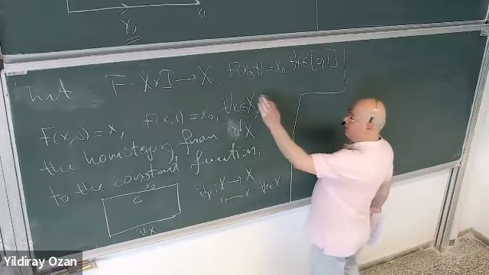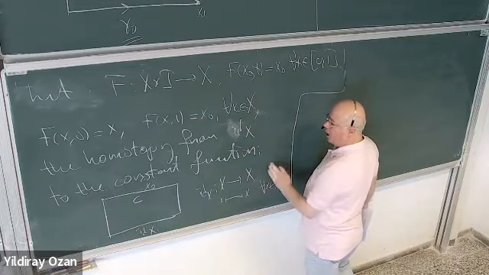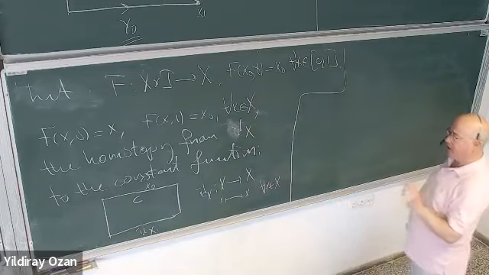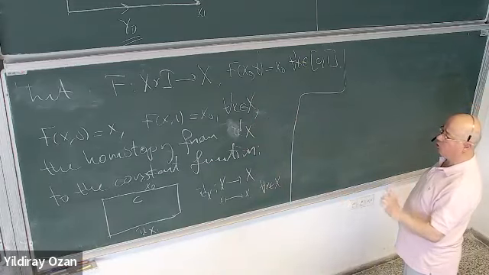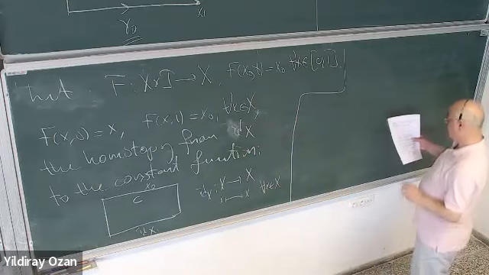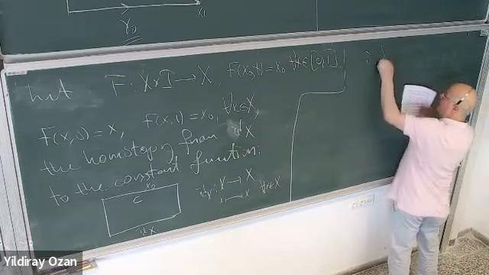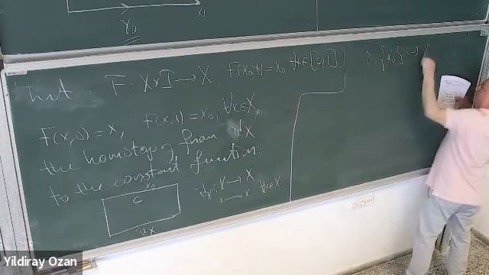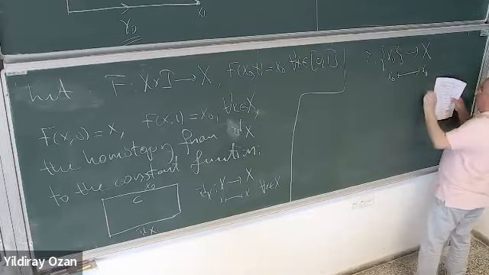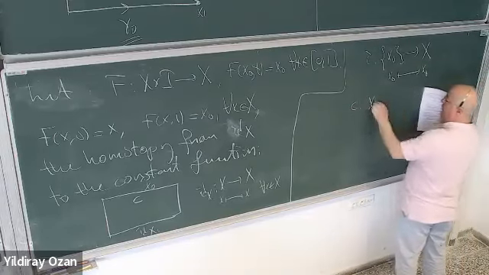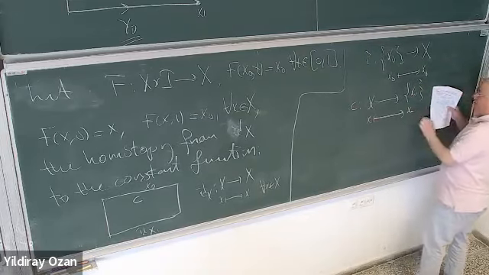Now, if there is a homotopy like this from the identity function to the constant function, then our space is contractible. And in that case, I claim that our space is homotopy equivalent to the one-point set consisting of x0. Why is that? Because now I have this inclusion function taking the single point to x0, and we have the constant function taking every point to x0, right?